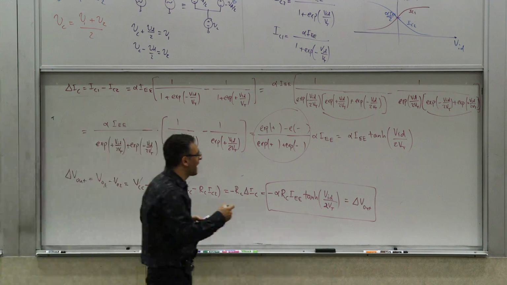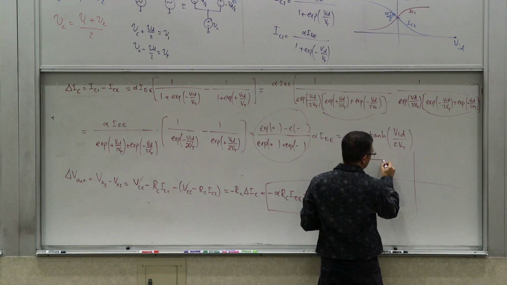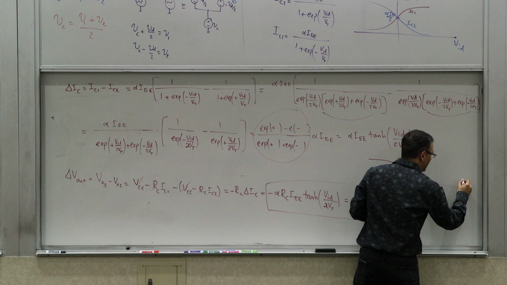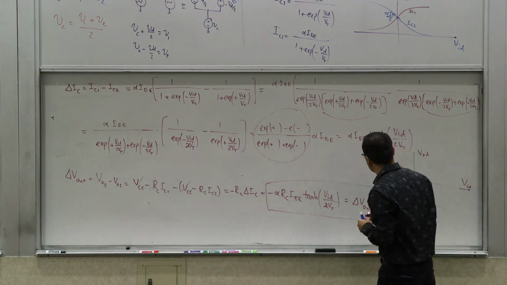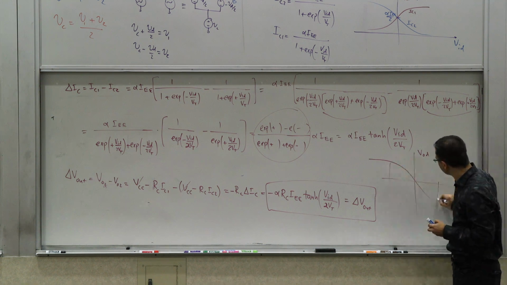Now, you can actually show, again, hyperbolic tan behaves like that. So if you look at the differential input, it behaves like this. And at some point, after 3 or 4 kT, it basically saturates.